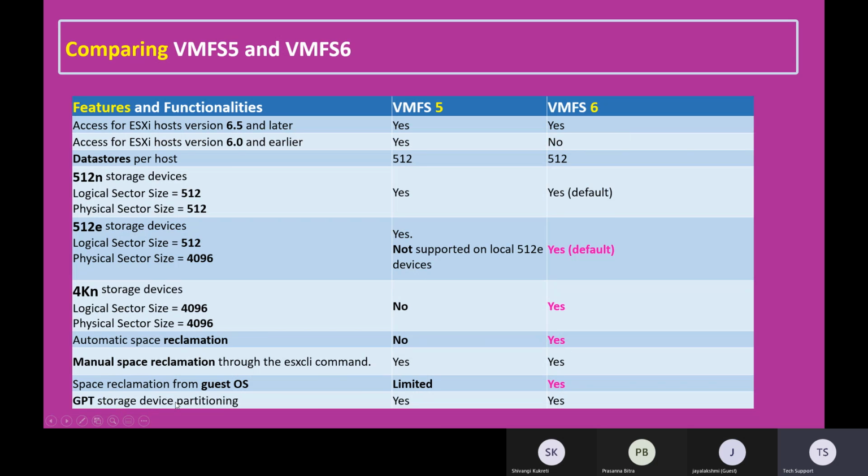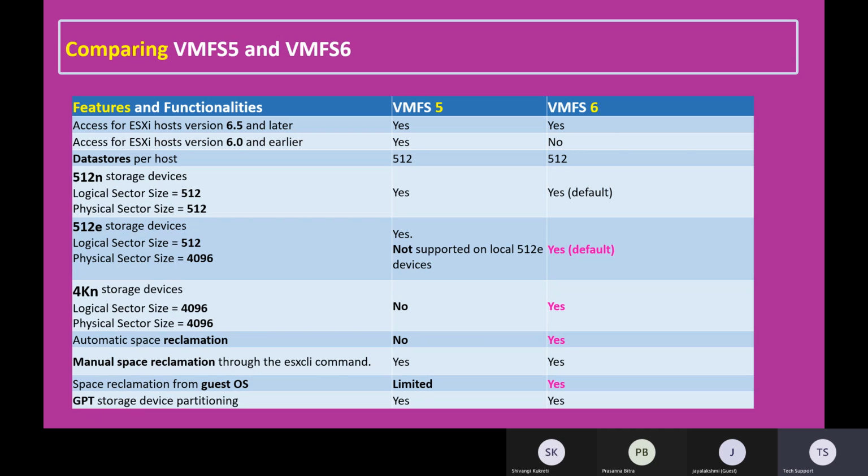And GPT storage device partitioning. GPT means GUID partition table. GUID means a globally unique identification partition table. Same like our network interface card has a unique MAC address or unique physical address, similarly whenever we configure a storage device, that storage device also has unique partition IDs.